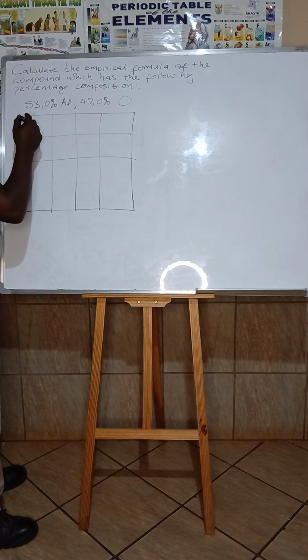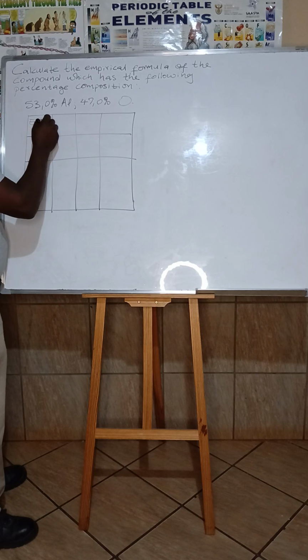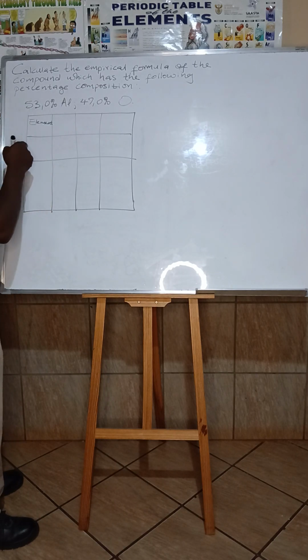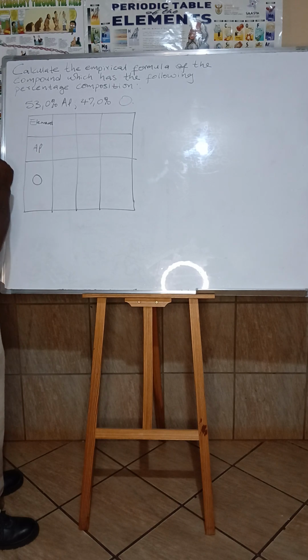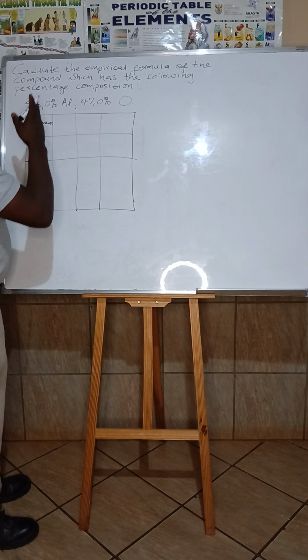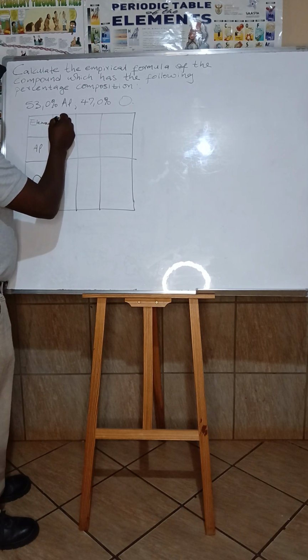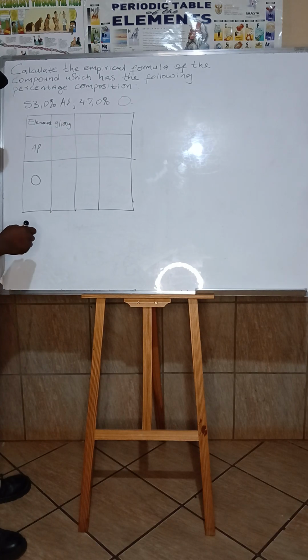The first column is for the elements which are involved in the formation of the compound. In this case, we've got aluminium and oxygen.